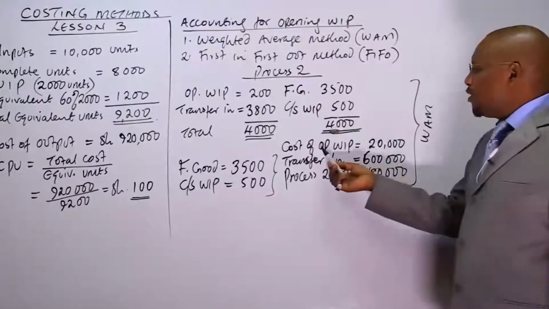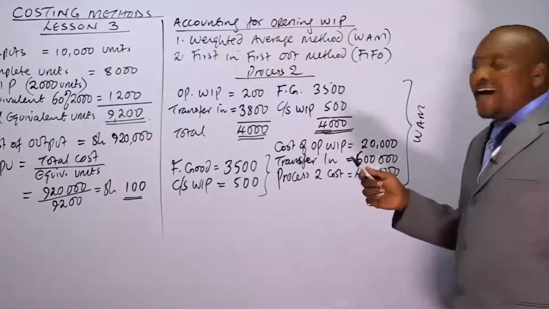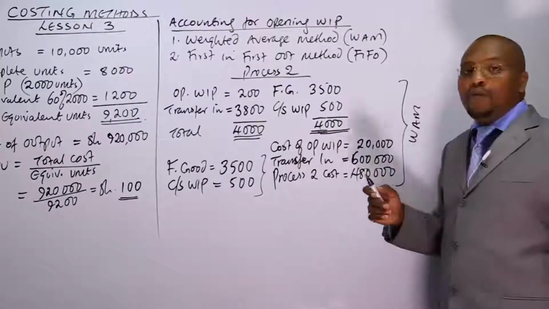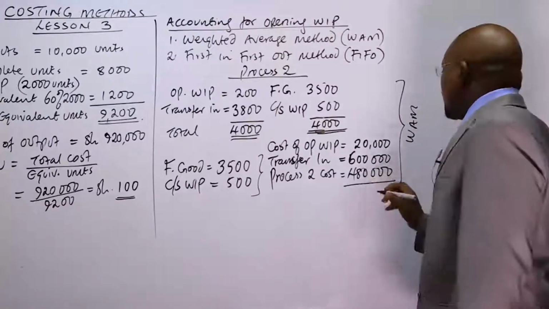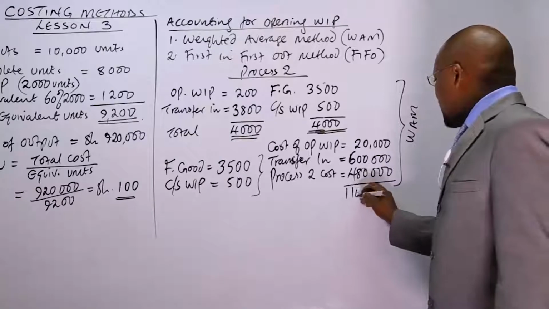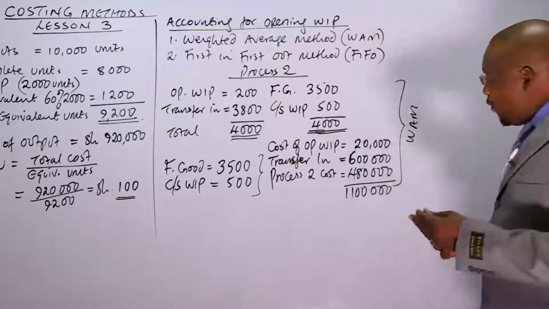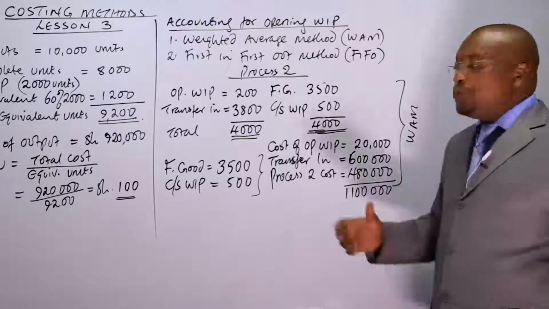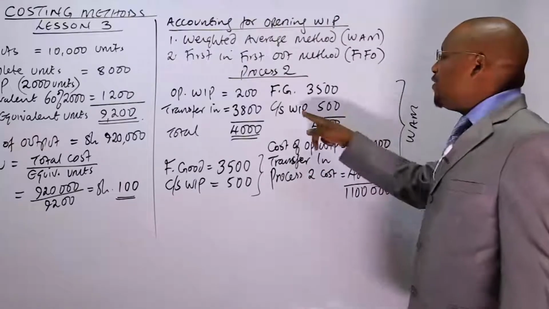Even the cost of it, which is 20,000, we are going to assume it has been spent in this period, and therefore we add it, and we have a cost of 1.1 million. So we'll say that 1.1 million has been used to process the 4,000 units, even though the closing work in progress may be at a degree of completion.